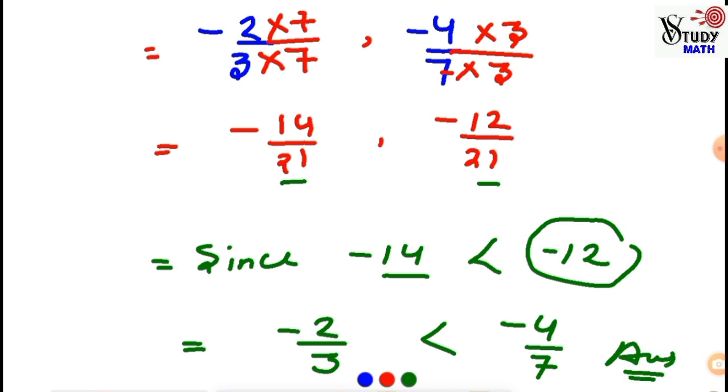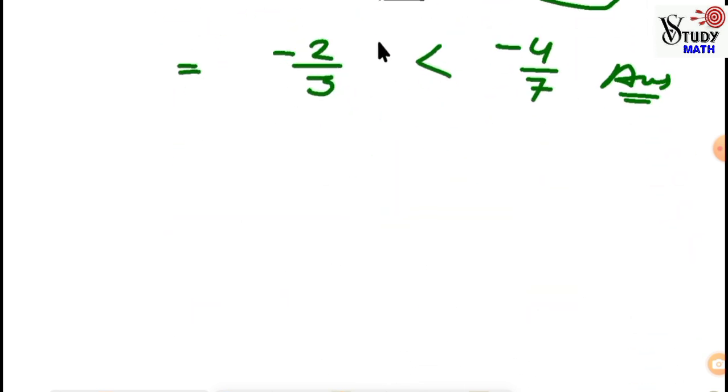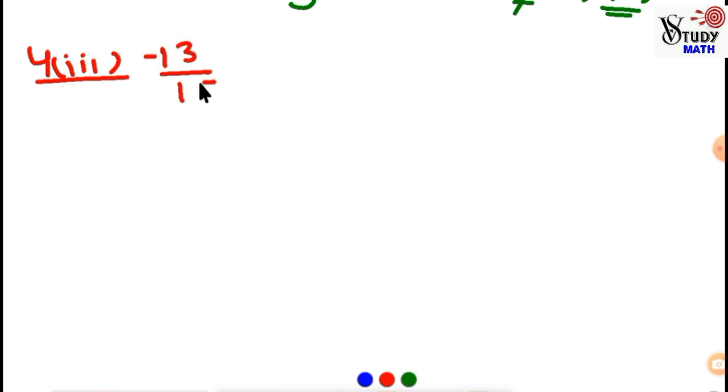Now move to the next problem. Question number 4, problem number 3. The first number is negative 13 upon 15, and the second number is negative 10 upon 11. So how can we solve this one?